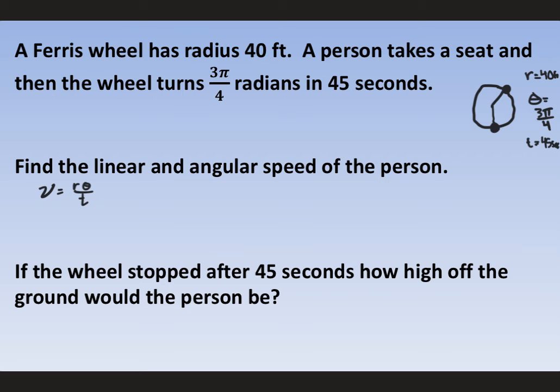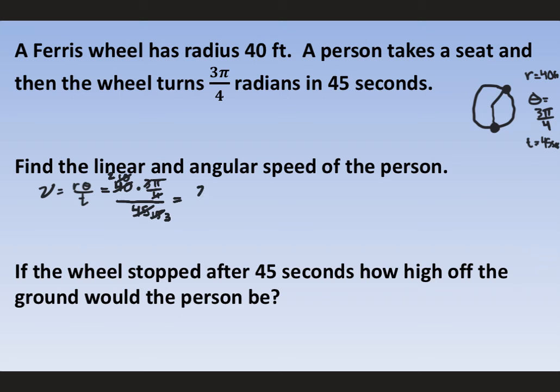So we'll go r theta over t, so that'll be 40 times 3 pi over 4 divided by our time, which is 45. And we'll just calculate that out. So the 40 and the 4 we can simplify, make that just 10. The 45 and the 3 we can simplify to be 15. And then the 10 and the 15, divide those both by 5. This will become a 2, and this will become a 3.